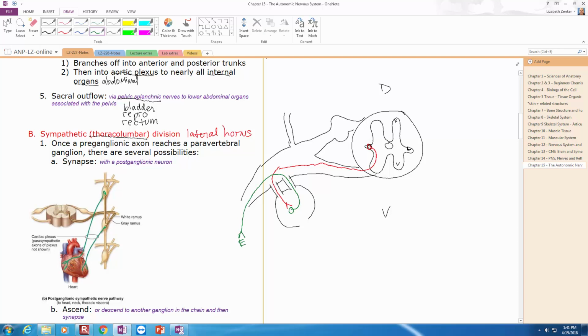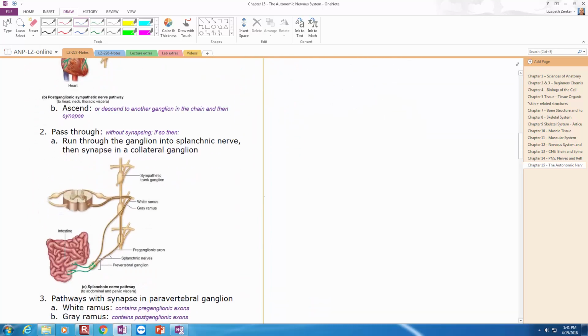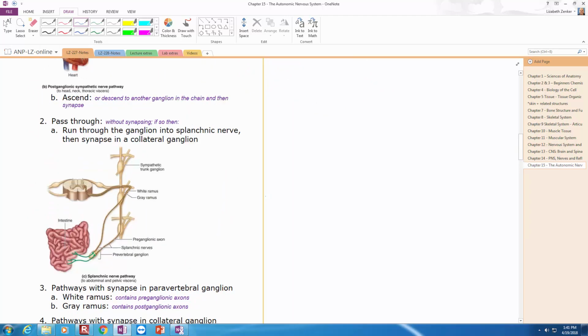Okay? So the first pathway that I drew, I'll put it in blue here, is actually called your white rami communicans, which you will see in a second. I think it's written, there it is, white ramus and gray ramus.